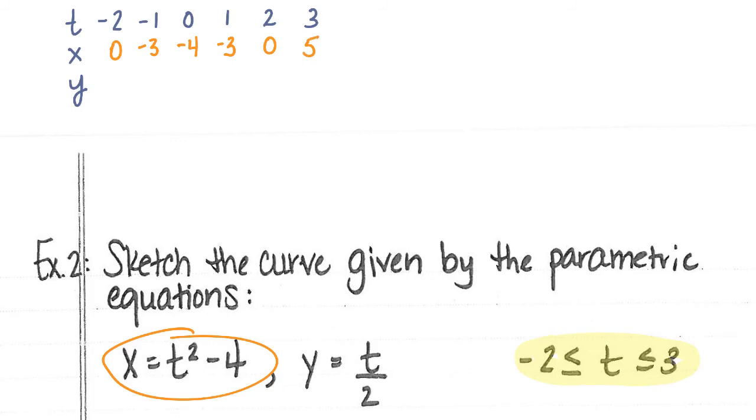Now I'm going to plug in the y. Negative 2 over 2 is negative 1. Negative 1 over 2 is negative 1/2. 0 over 2 is 0. Positive 1/2, 1, and 3/2.